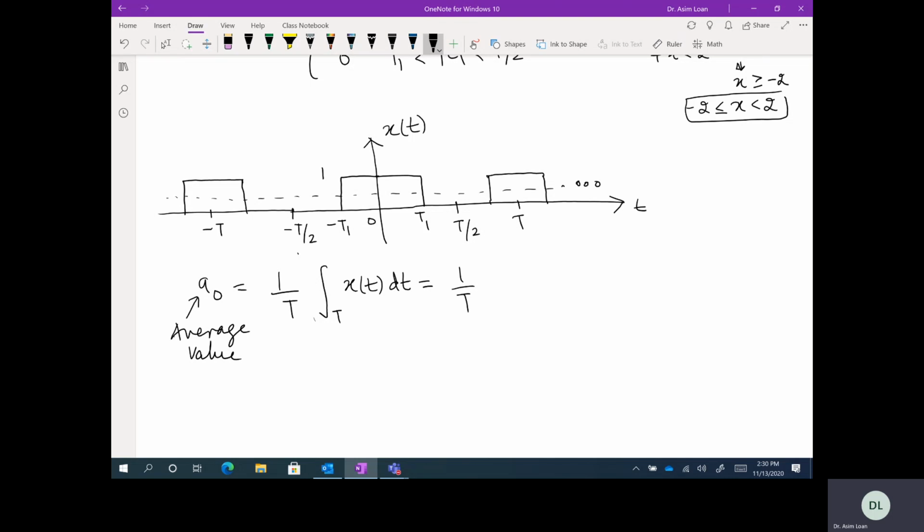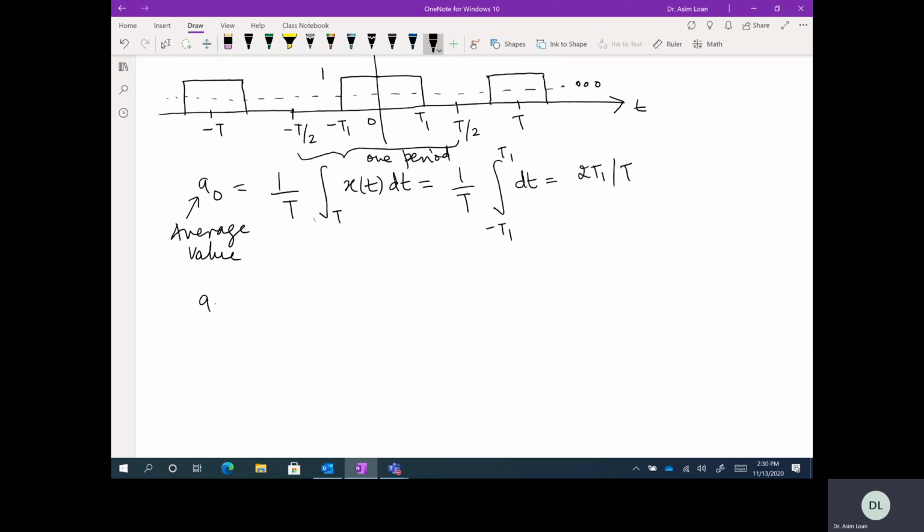I can look at this period from minus T by 2 to plus T by 2, and in this period my integral is non-zero only from minus t1 to plus t1, where the value is 1. So it is the integral of 1 dt, which is t1 minus minus t1, so 2t1 divided by T. This is the DC or average value.